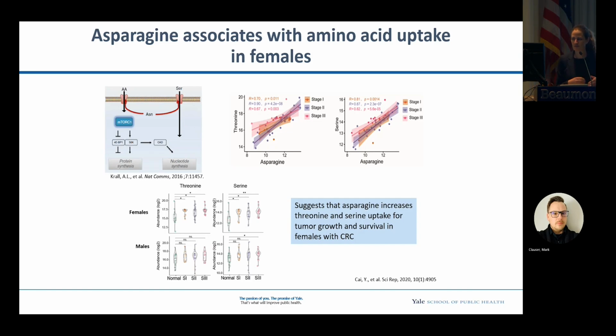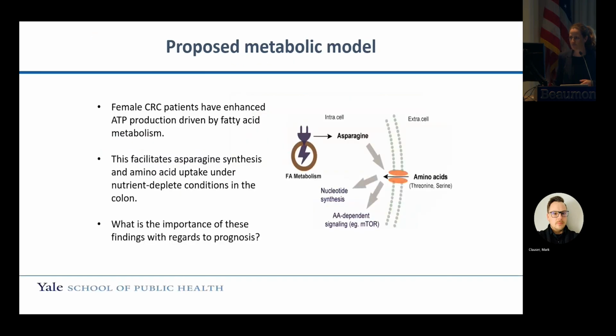As you can see from these box plots at the bottom, they were also increased just in the female patients and not in the males. They also seem to correlate quite well with asparagine abundances. So this led us to the hypothesis that asparagine is increasing in these tumors to increase tumor growth and survival in females with colorectal cancer, and could potentially indicate a nutrient deplete phenotype.